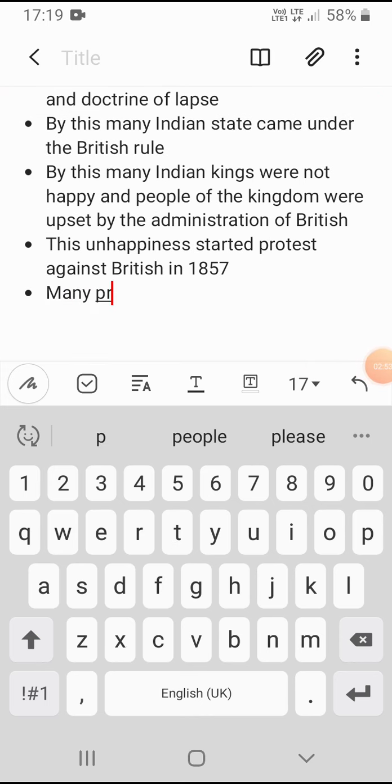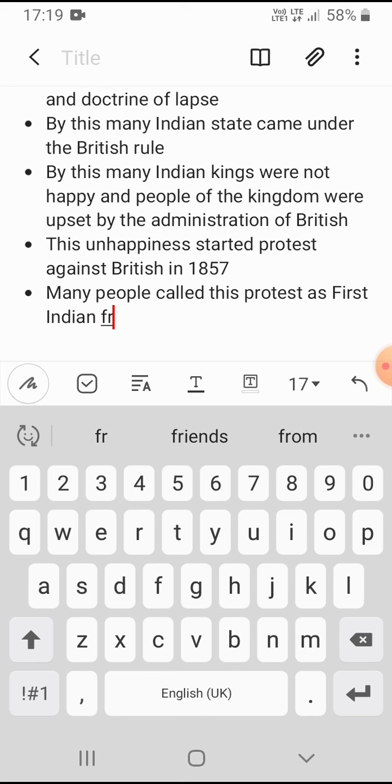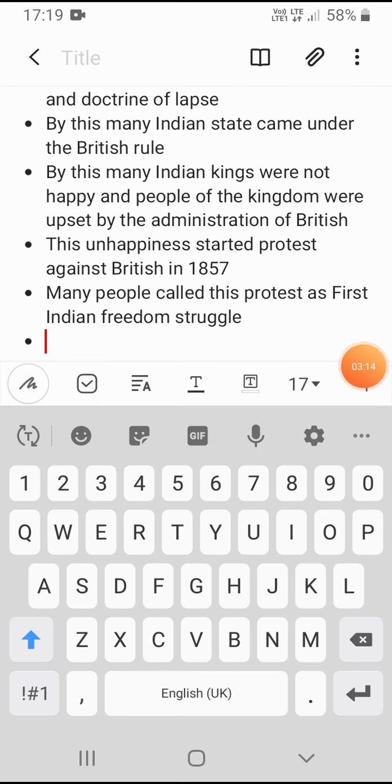Many people called this protest the first Indian freedom struggle.